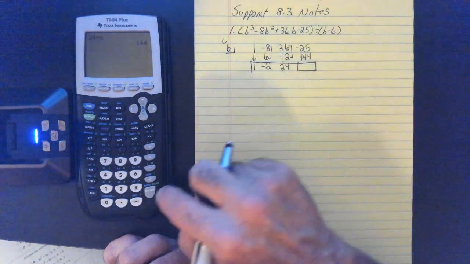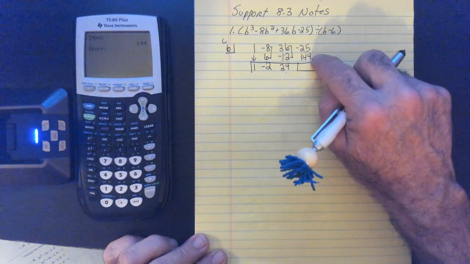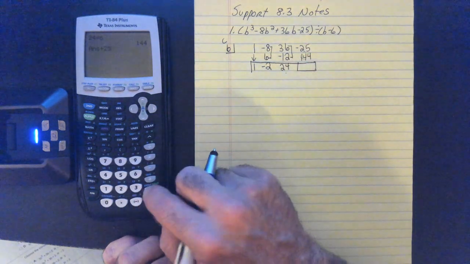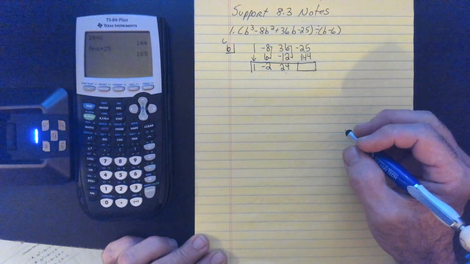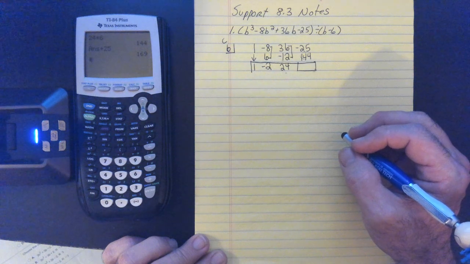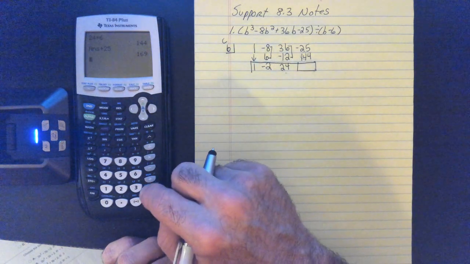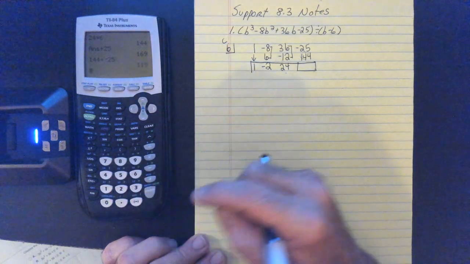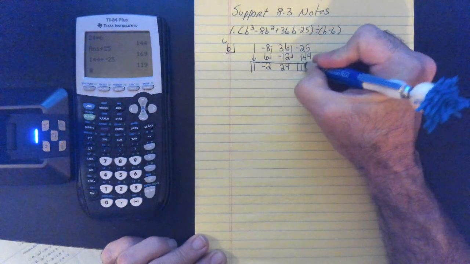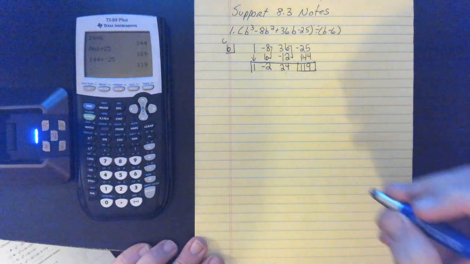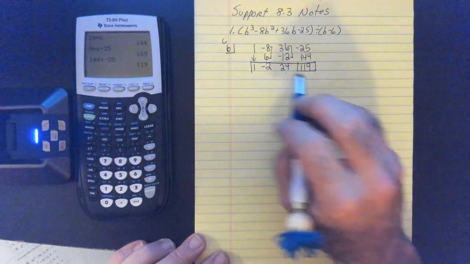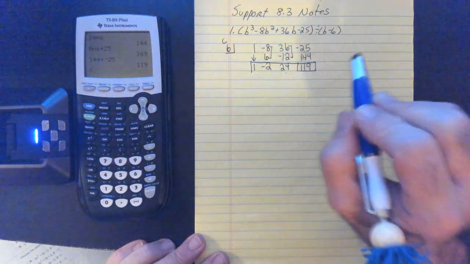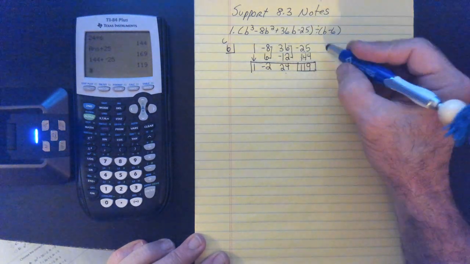Now I'm going to add that 144 to that -25. Oh, hang on, I said -25, so 144 plus -25 is going to give us 119.